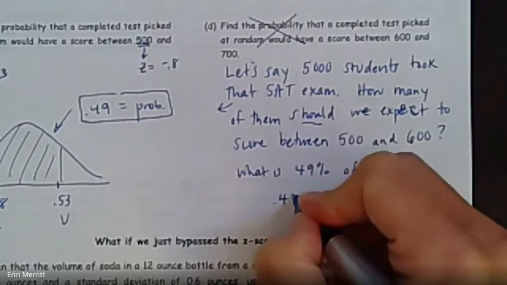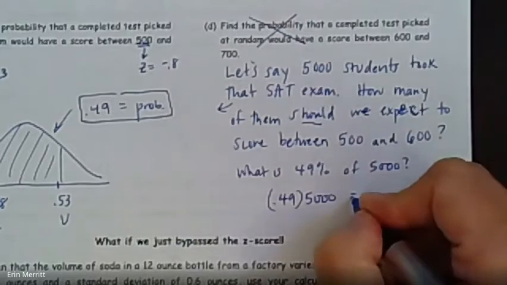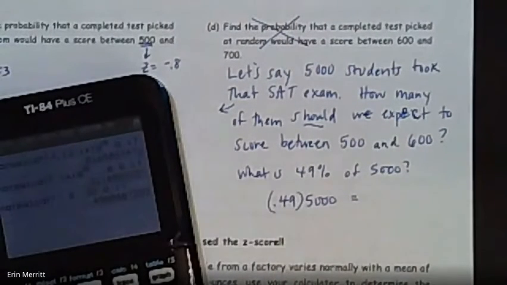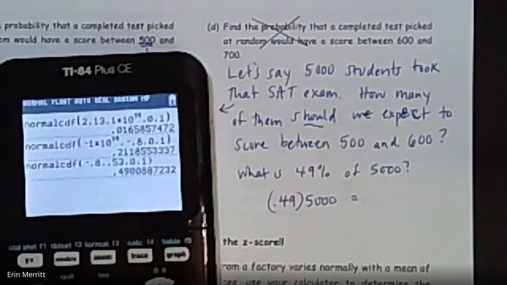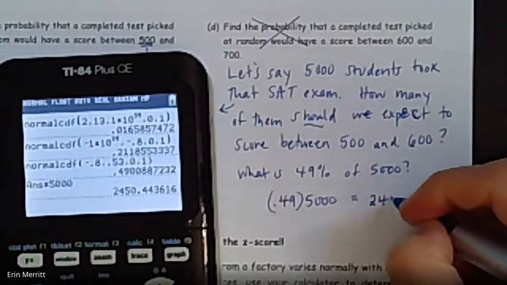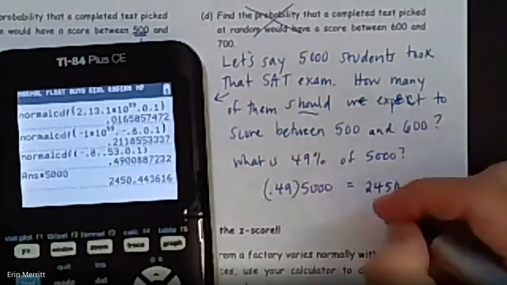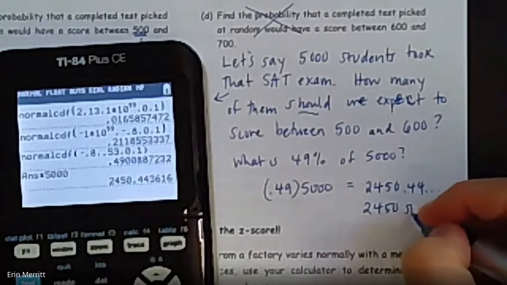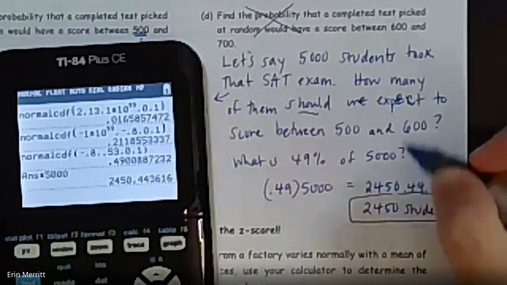So take that 0.49, multiply it by the 5,000 people, and that will tell you. Now we know it should be about half. So this should be pretty close to 2,500, but I could keep it exact on my calculator even. I still got it there. Times 5,000, and it's going to come out to be 2450.44, but these are people. So I would say about 2,450 students is what you would expect out of that group of 5,000.